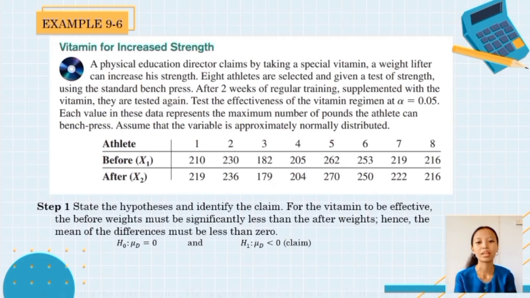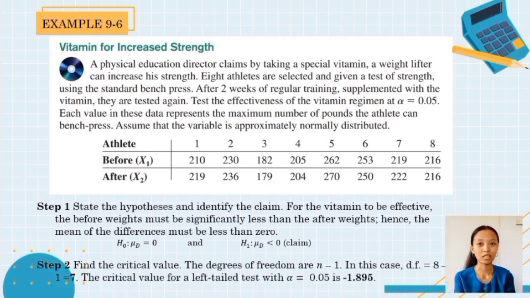Second step is to find the critical value. The formula for the degrees of freedom is n minus 1. In this case, we have n equals 8, so 8 minus 1 equals 7. The critical value for a left-tailed test with significance level of 0.05 is negative 1.895.